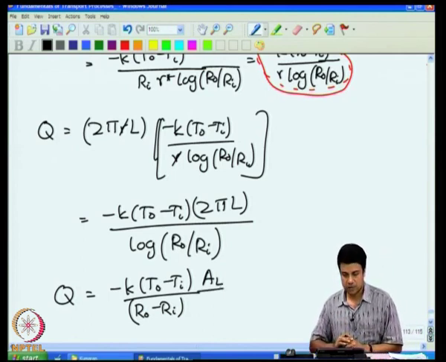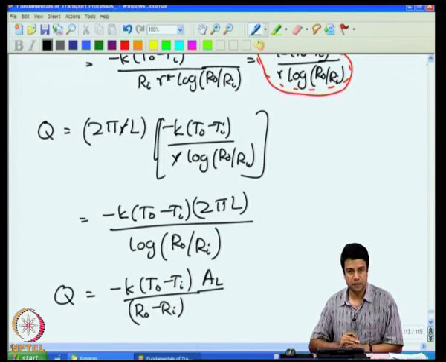In a Cartesian coordinate system, this would be exactly the same area everywhere because the planes have constant area. In a cylindrical coordinate system, the area changes.